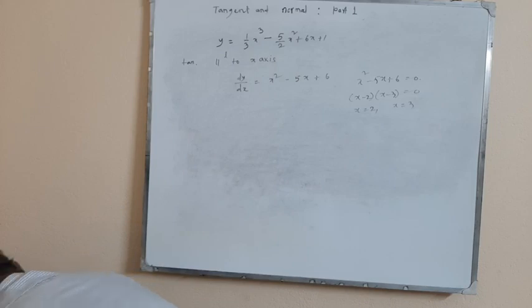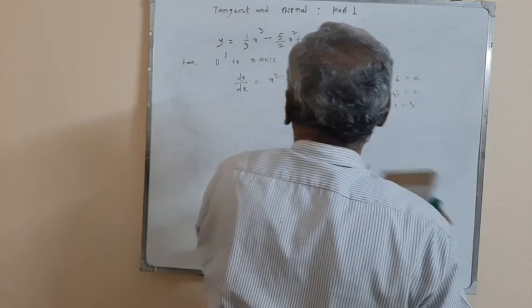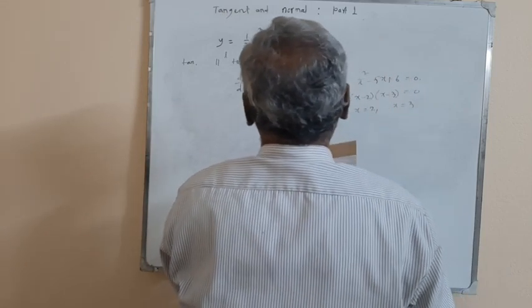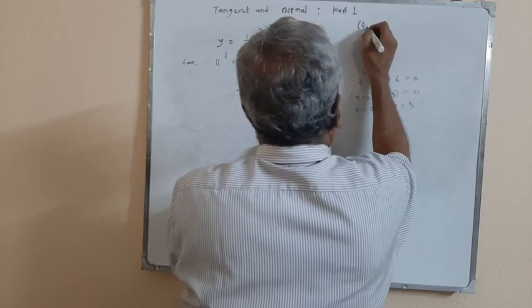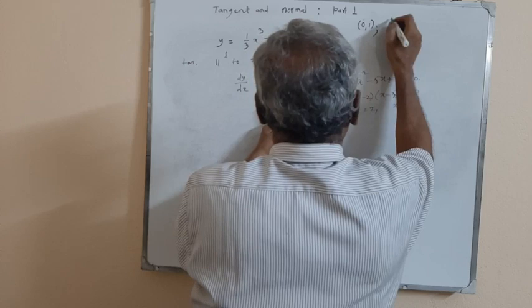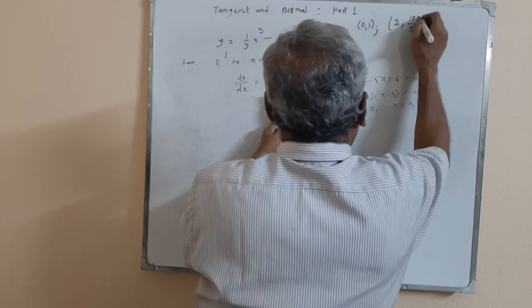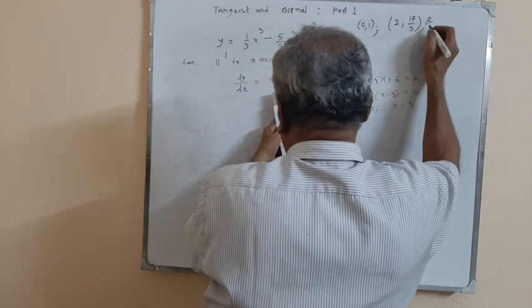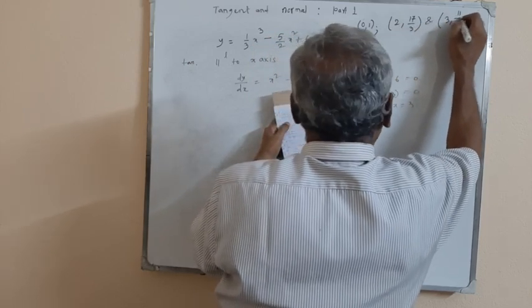So next, options. I have forgotten to give you the options. The options are: first option is (0, 1). Second option is (2, 17/3) and (3, 11/3).